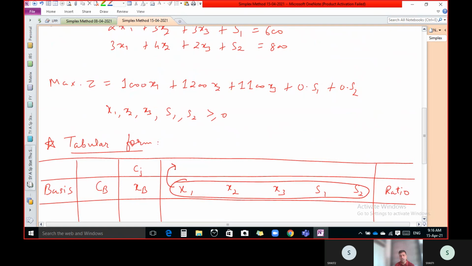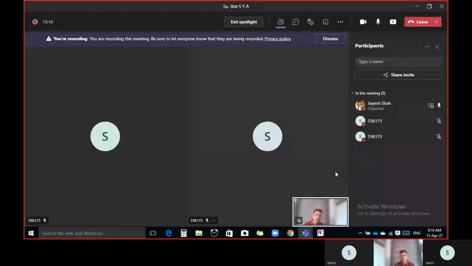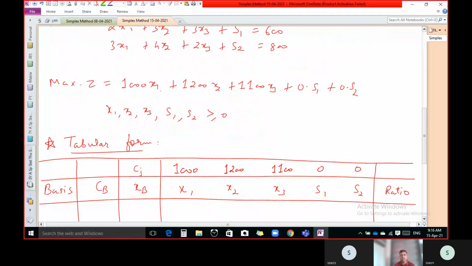So the coefficient of x1 in the objective function, this is my objective function, is 1000, so you have to write here 1000. Coefficient of x2 is 1200. Coefficient of x3 is 1100, and here you have to write 0 0. So here in CJ you have to write the coefficients of the objective function.